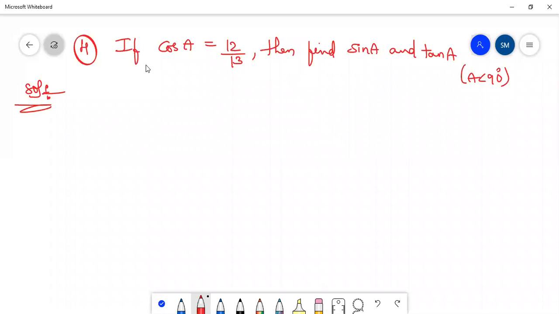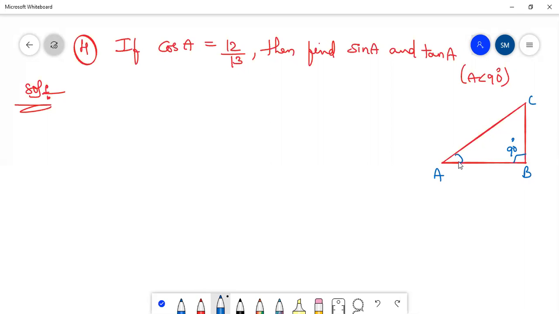The fourth problem is if cos A is equal to 12 by 13, then find sin A and tan A if A is less than 90 degrees. Now again we can draw the right angle triangle. In this, one angle is 90 degrees, the other two are less than 90 degrees. Suppose we take the triangle ABC.